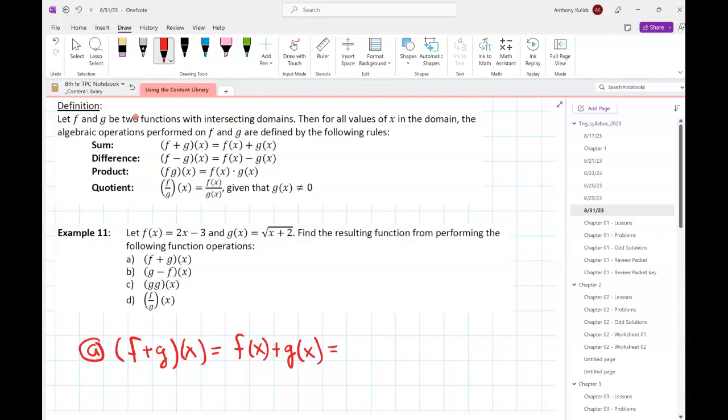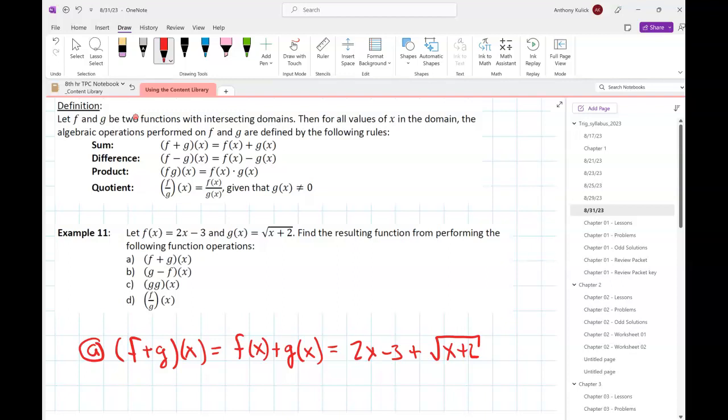And the problem tells me that f of x is 2x minus 3, and g of x is the square root of x plus 2. So the only thing left to do now is to see if there's any simplification I can do. In this case, since it's an addition problem, I'm just looking to combine some like terms here.